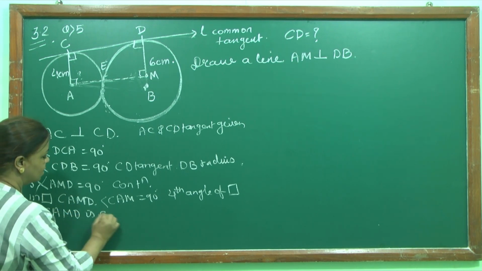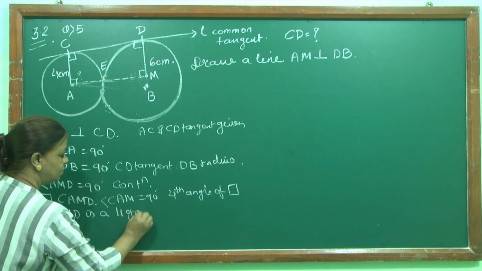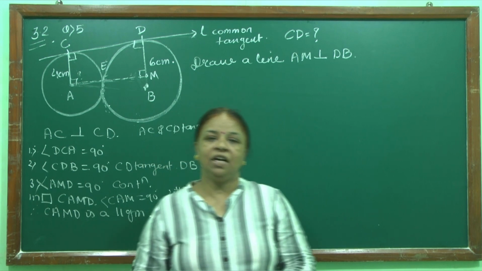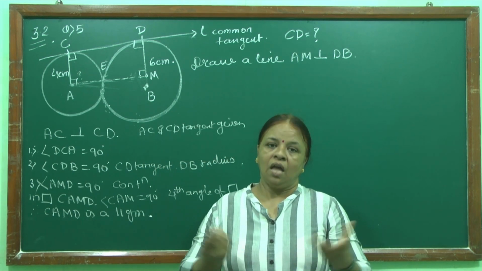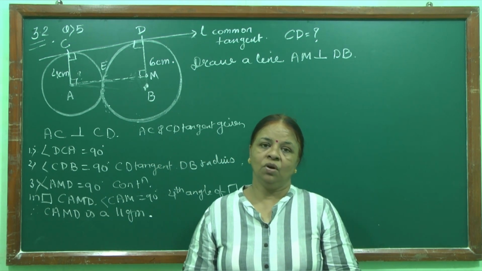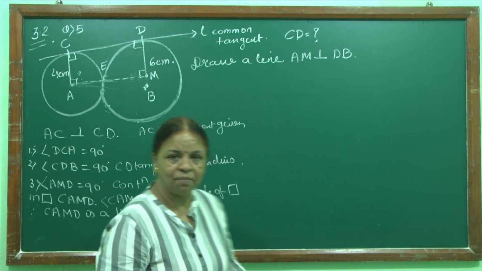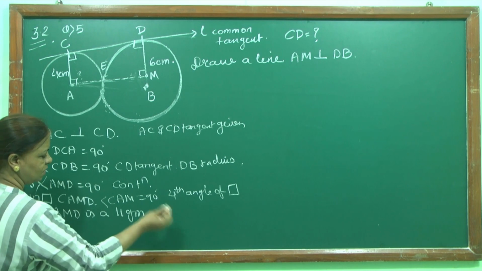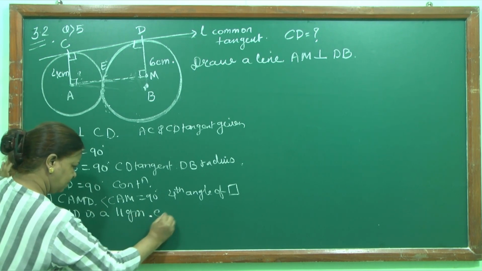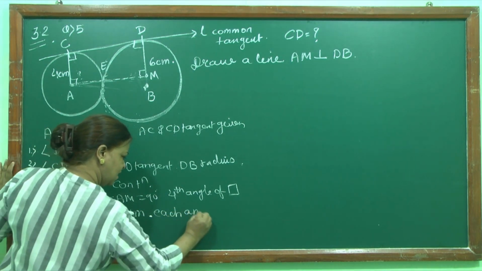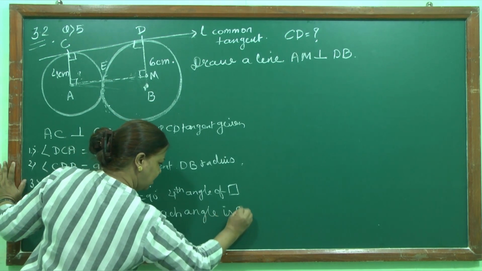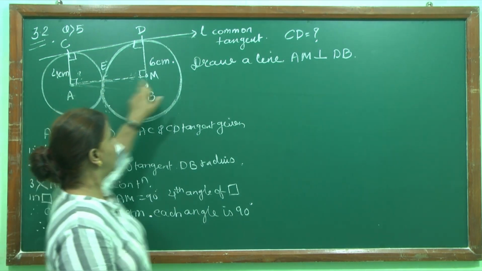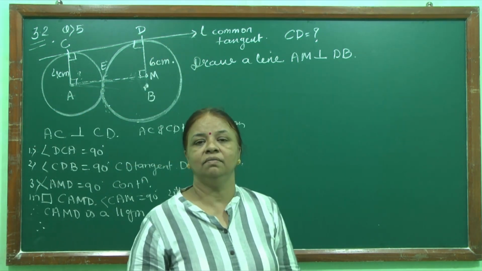Therefore, CAMD is a parallelogram because each angle is 90 degree, and if it is a parallelogram, opposite sides are equal. CAMD is a parallelogram and each angle is 90 degree. Therefore, I can say CAMD is a rectangle.